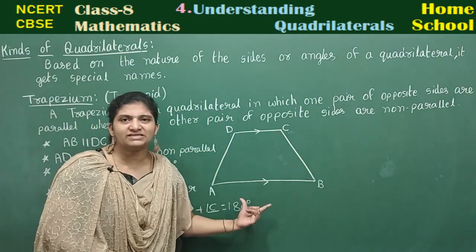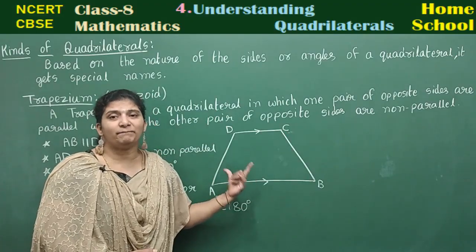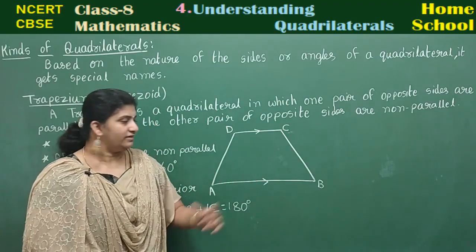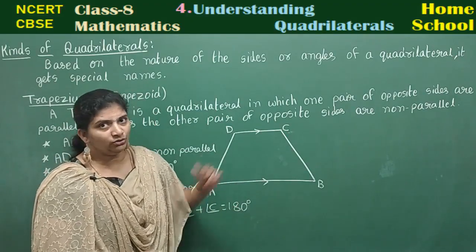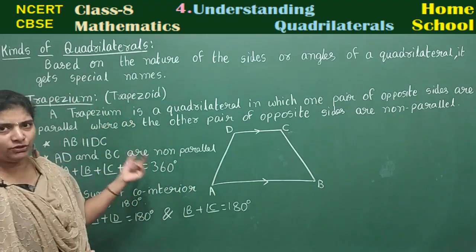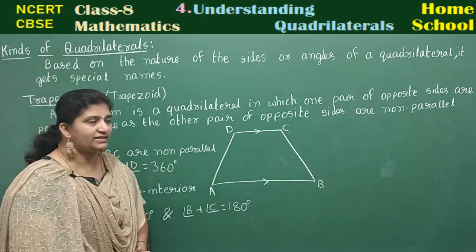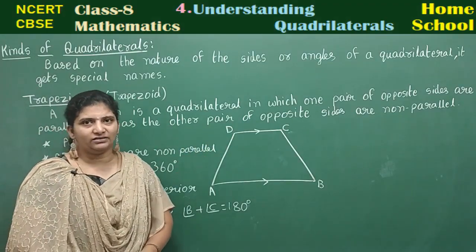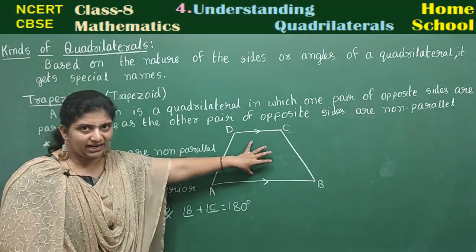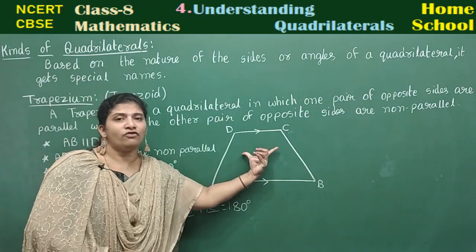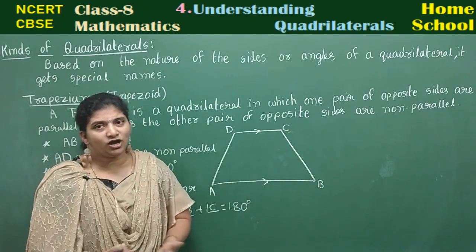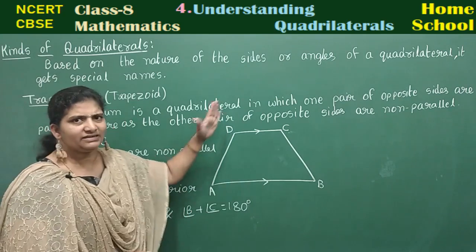Therefore, a trapezium has one pair of parallel sides, that is AB is parallel to DC. And one more point you need to remember, the other pair of opposite sides are non-parallel. One pair of sides are parallel and the other pair of opposite sides are non-parallel, meaning they may meet at some point.